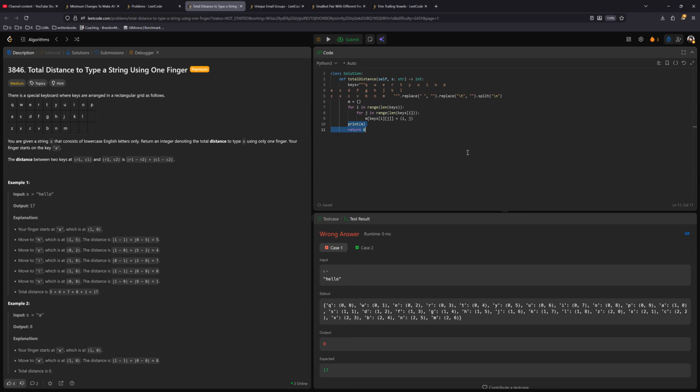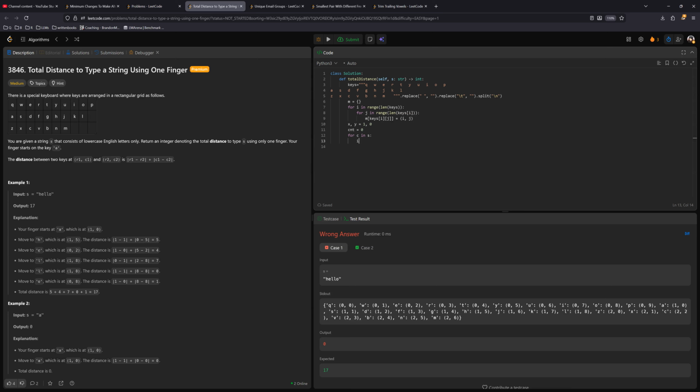Now we're just going to trace. Our starting position is, well, we'll do x comma y equals first row, 0th column, right? And then we'll say for C in S, cnt equals 0.